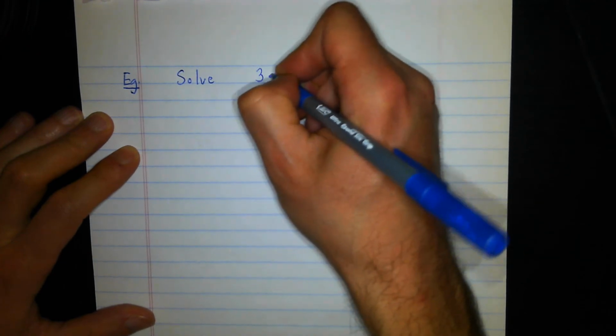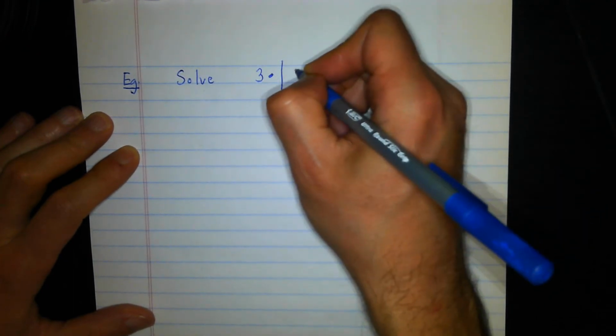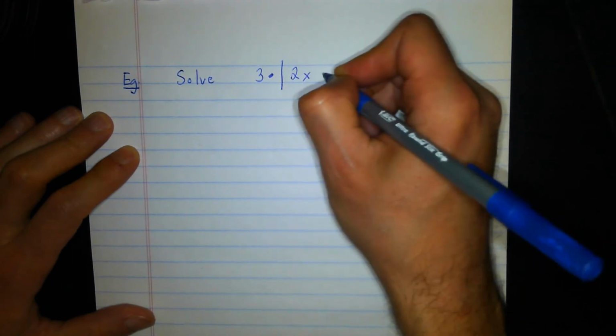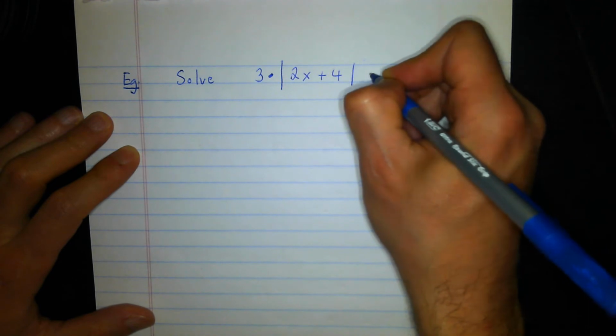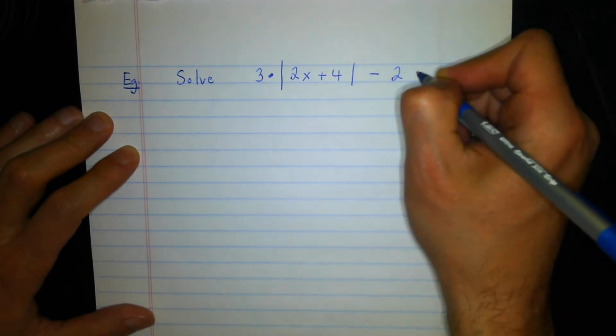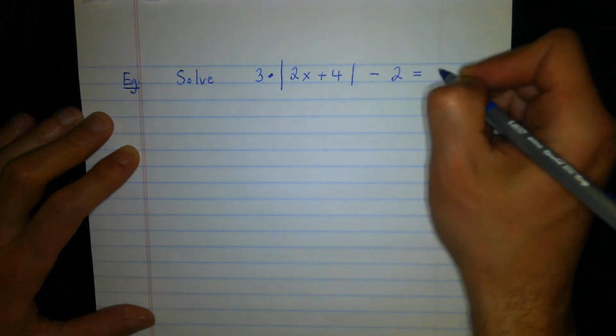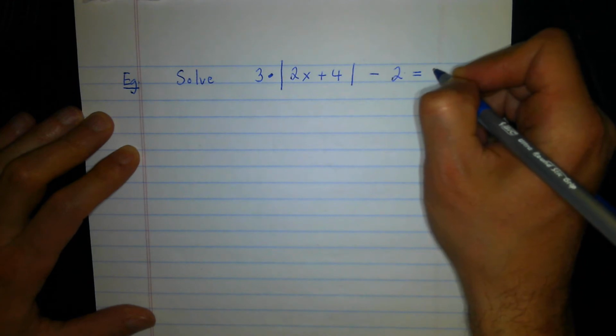Let's solve 3 times the absolute value of 2x plus 4, minus 2, equals 7. Actually, let's do equals 10.